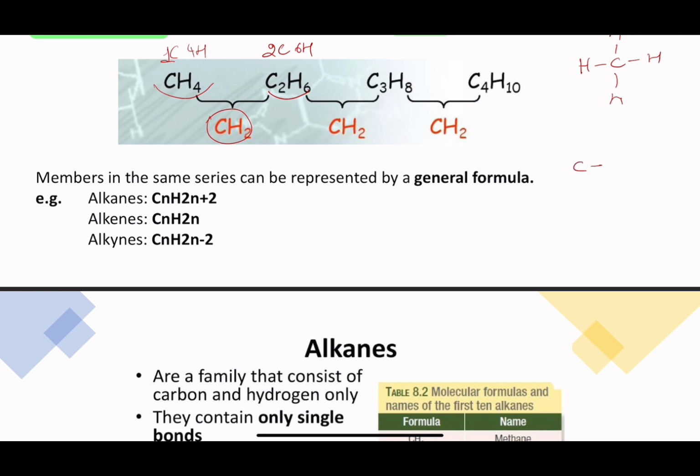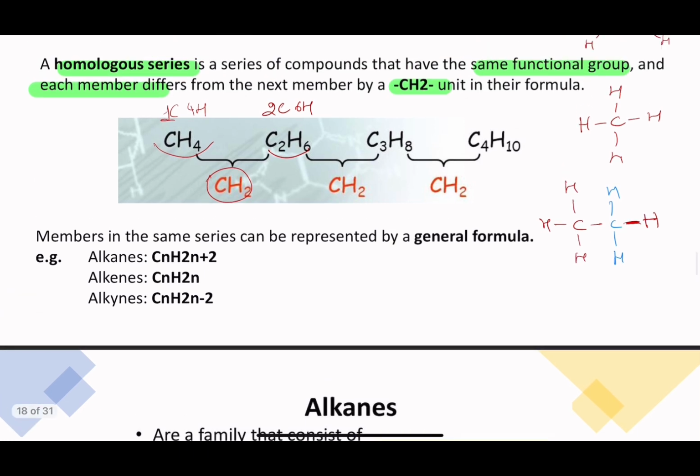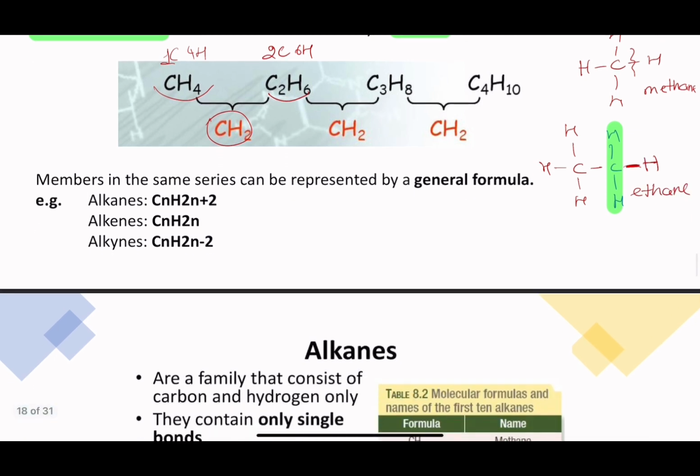Now look at this guy. I have here C, and then I add 1 CH2 group to methane. You see this? So I split this guy from here, and in between I added 1 CH2 group. Now it transformed from methane, CH4, to ethane. Okay, now what if I add 1 more CH2 group to it?